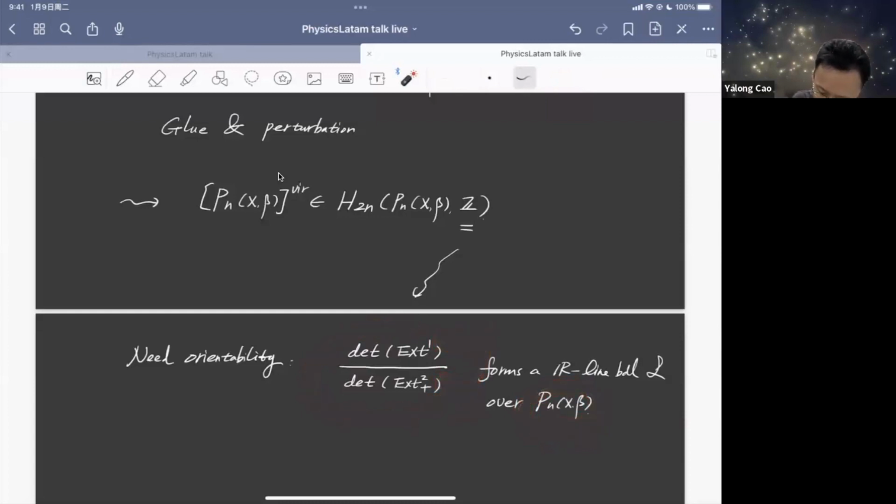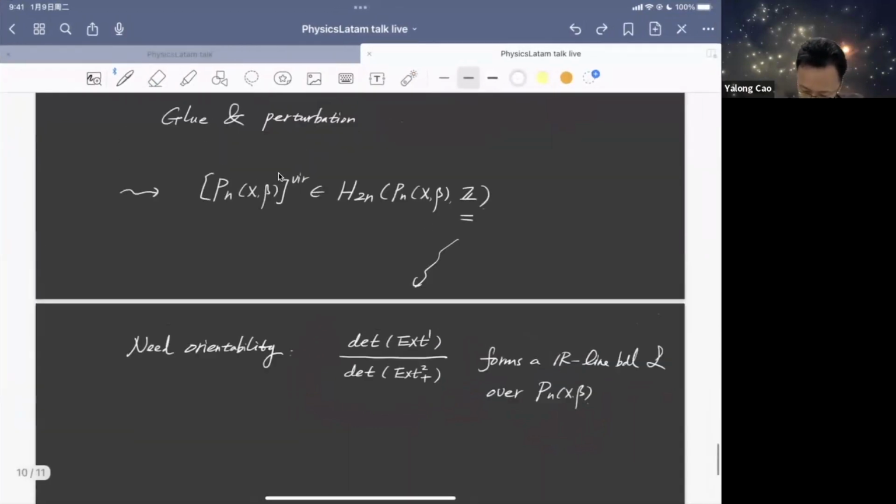If you vary this in families, this will form an a priori non-trivial line bundle. And the orientability is you need to know this line bundle is trivial, so you can make this cycle to have integer coefficients. Okay.